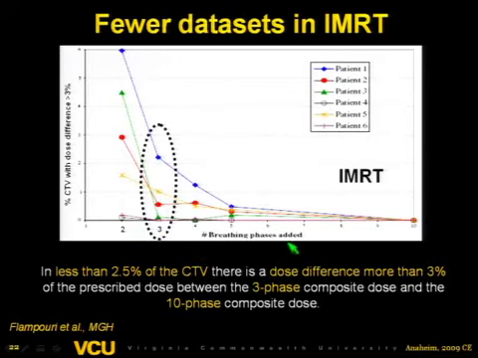Over the 6 patients that were involved in the study, they found that in less than 2.5% of the CTV volume, there was a dose difference of more than 3% of the prescribed dose between the 3-phase composite dose and the 10-phase composite dose, which seems to suggest again that even in IMRT, it might be possible to evaluate cumulative doses using a smaller number of image data sets.